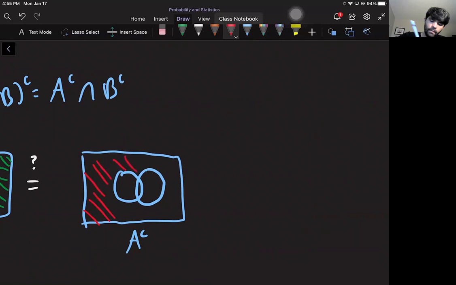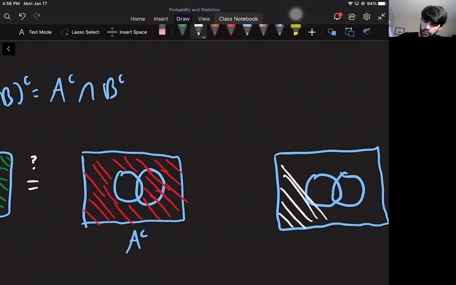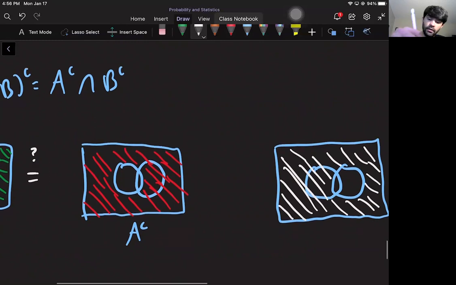So this will be A complement. Okay, and then B complement would be, I guess I'll do it in white here. So this is B complement. So then I'm intersecting them.